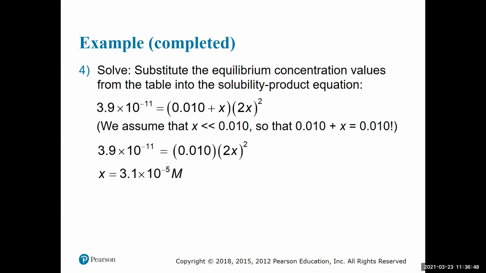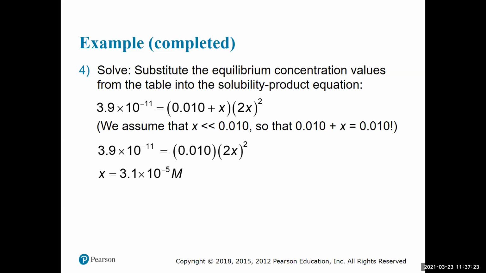We're going to assume, and we'll see in a moment if it's a good assumption, that this amount of X that is gained relative to 0.01 is not very significant. So to make the math easier, we're going to just ignore that plus X. That makes our KSP value of 3.9 times 10 to the minus 11 equal to 0.01 times that 2X quantity squared. If we solve for X, then we would have 3.1 times 10 to the minus 5 molar.